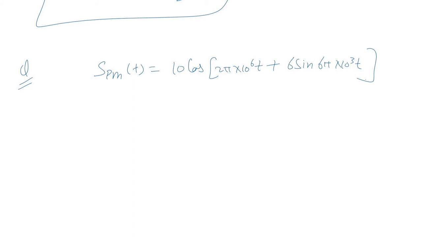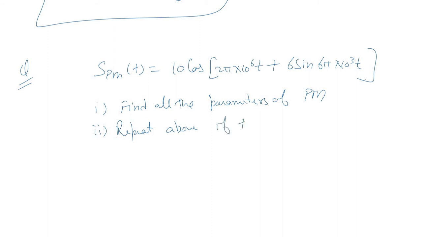The question is to find all the parameters of PM, and the second part is to repeat the above after doubling the message signal frequency.